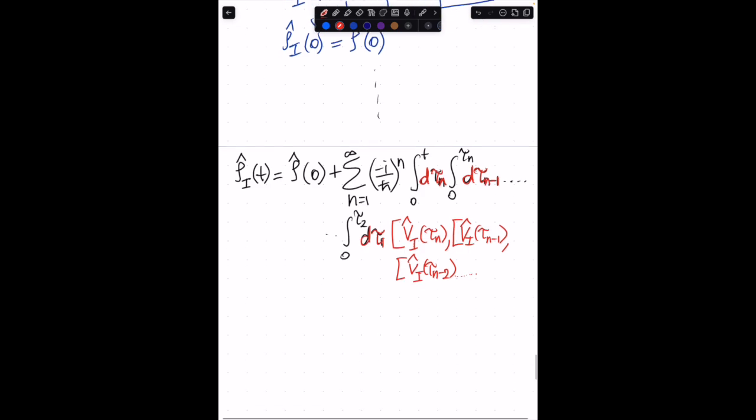Let's just write down the last term here, which would be the perturbation in the interaction picture at tau 2 with the commutator of the perturbation in the interaction picture at tau 1 along with the density operator at 0. So you close this, close this. So this is what you get, and this is your nth order term. And now, if you think about it, if your perturbations are considered to be small enough, your solution will converge.